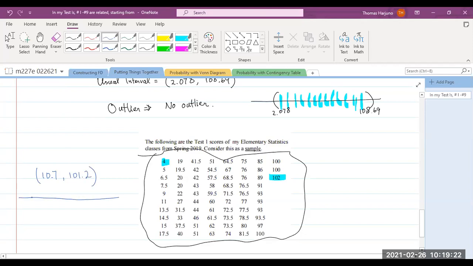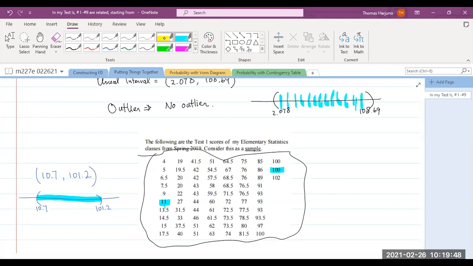Then you imagine that interval, 10.7 to 101.2. Compare that with the original data. Which data are not in this interval? Start from 10.7, so from 11 all the way to 100 are in the usual interval, right?